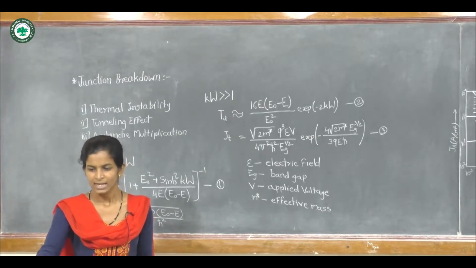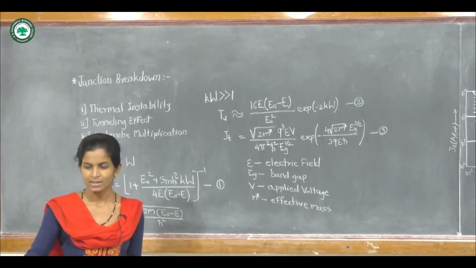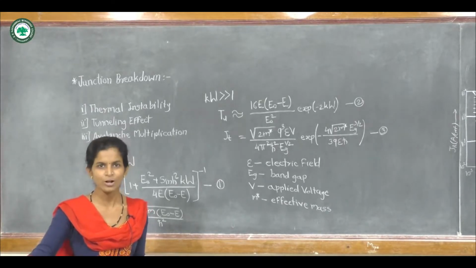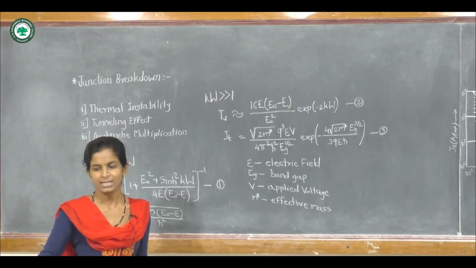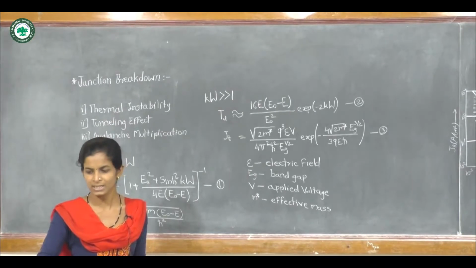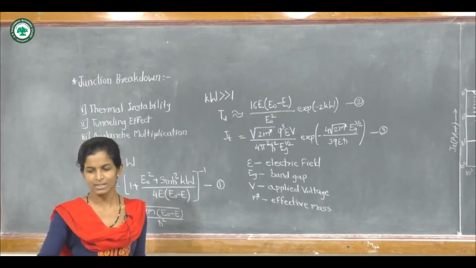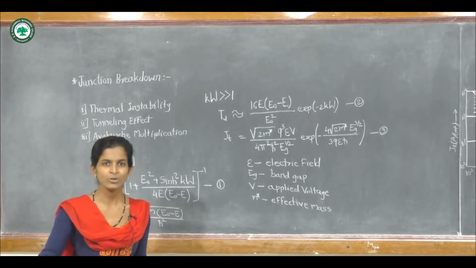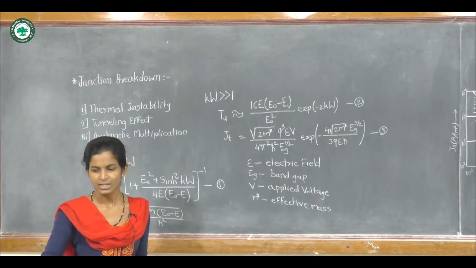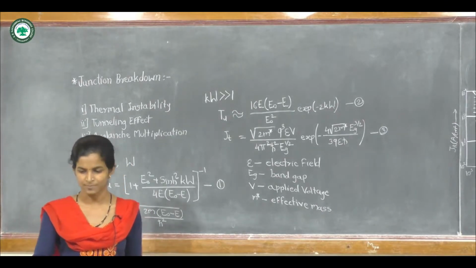Since energy band gap Eg in germanium, silicon and gallium arsenide decreases with increasing temperature, the breakdown voltage in these semiconductors due to tunneling effect has a negative temperature coefficient. That is, the voltage decreases with temperature.